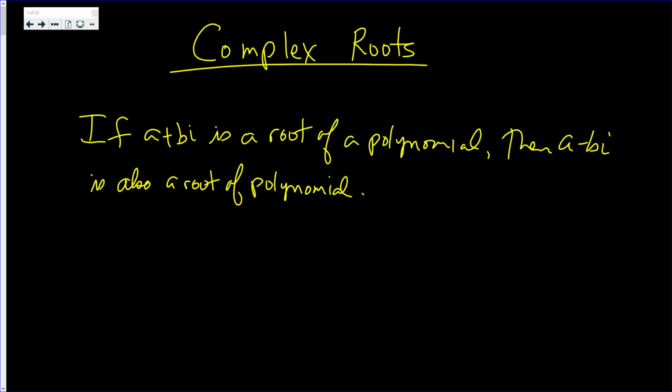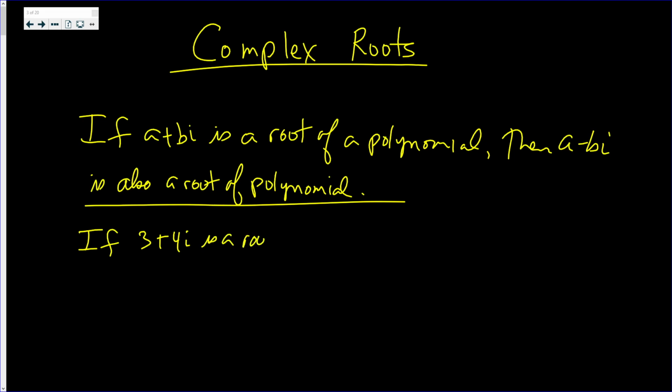Again, this is only true if the coefficients of the polynomial are real numbers. They can be rational, irrational, they just can't be complex. In such a polynomial, if 3 plus 4i is a root, then so is 3 minus 4i.